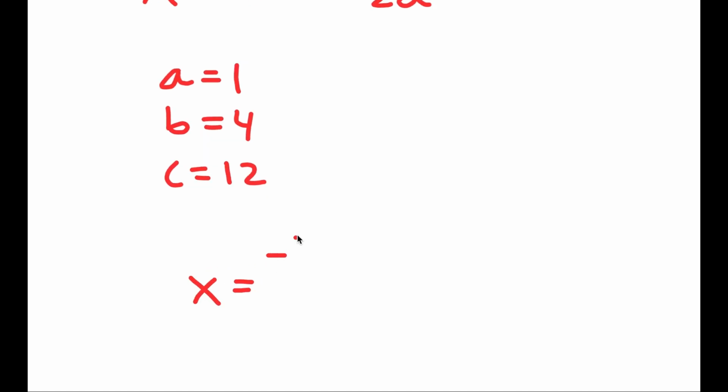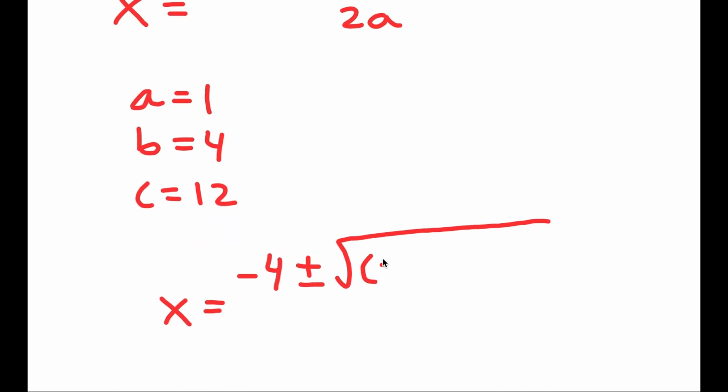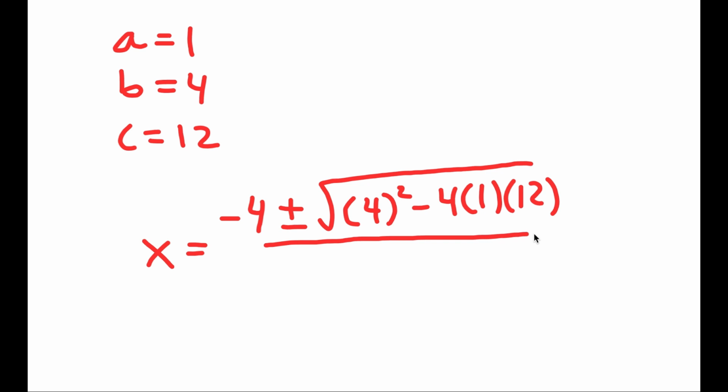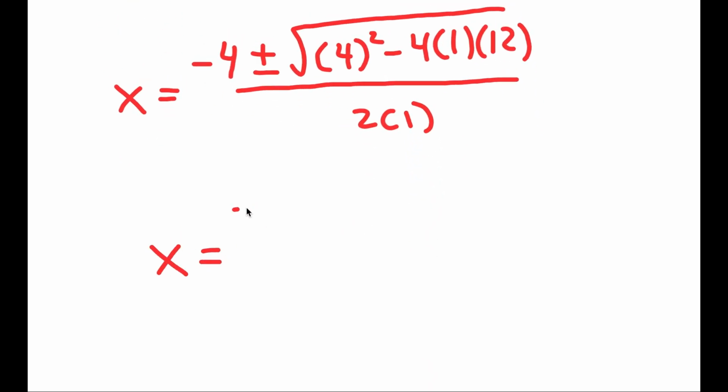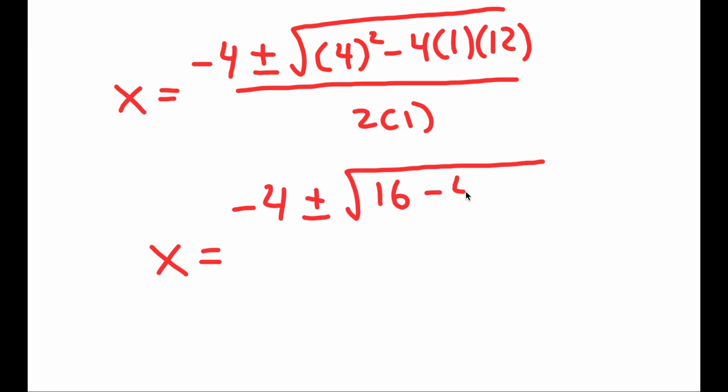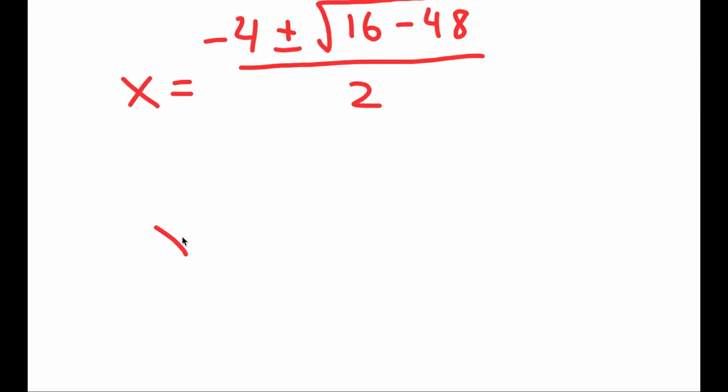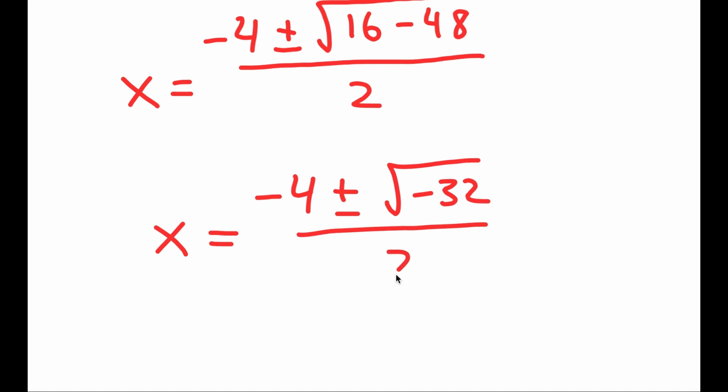So I get x is equal to negative 4 plus or minus the square root of 4 squared minus 4 times 1 times 12 all over 2 times a, so 2 times 1. So now this is equal to negative 4 plus or minus the square root of 16 minus 48 over 2, which is equal to negative 4 plus or minus the square root of negative 32 over 2.